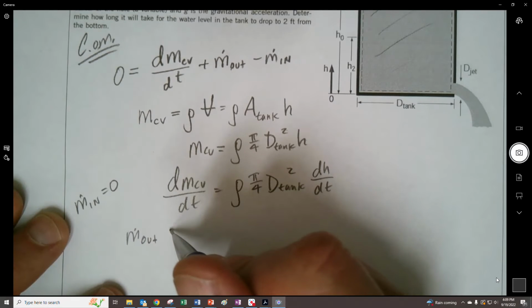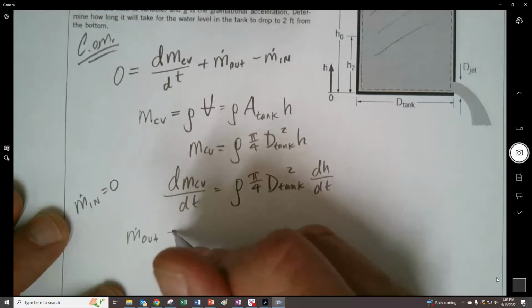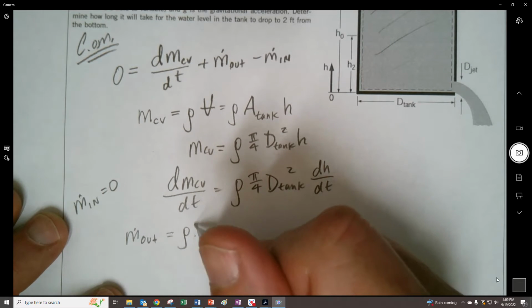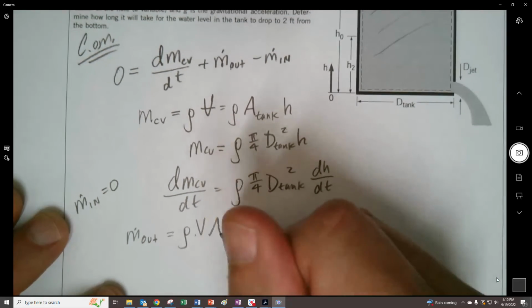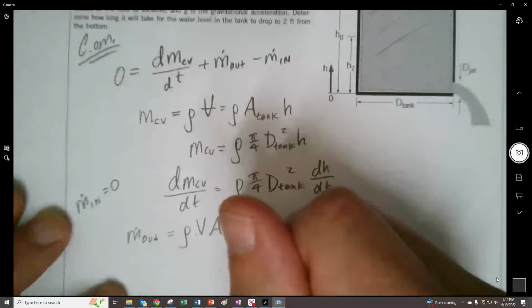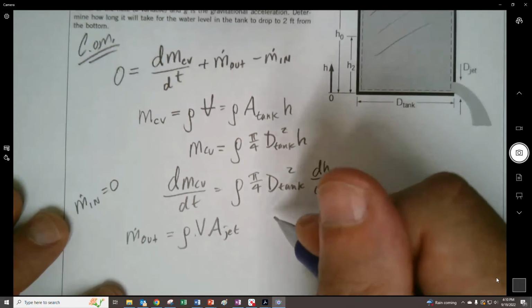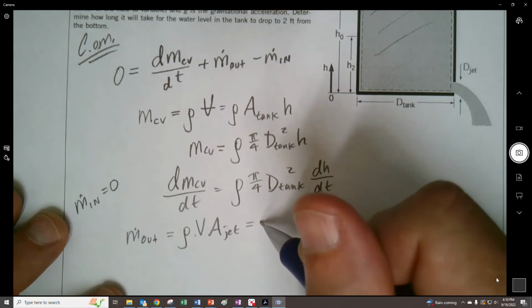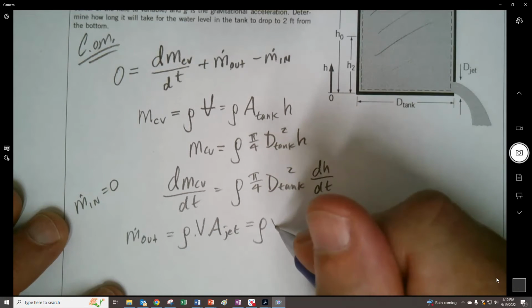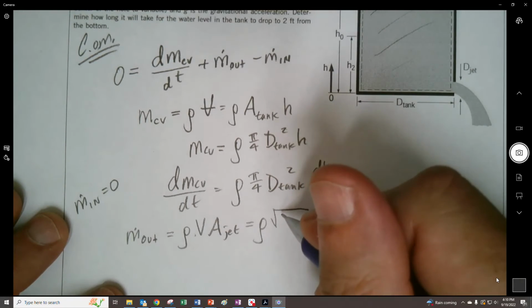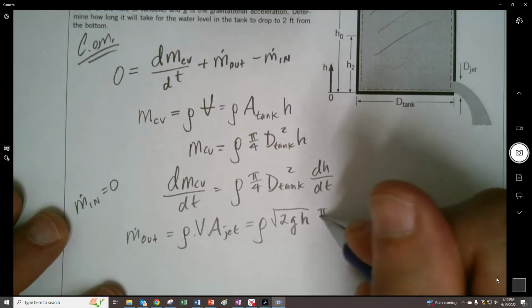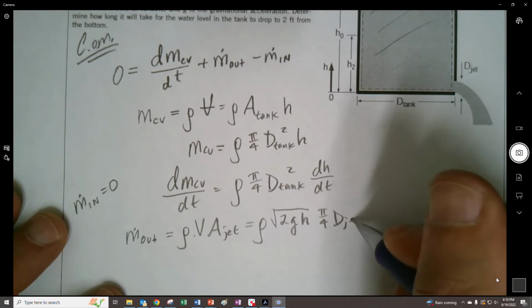So m dot out, we already know, is going to be density times velocity times the area of the jet, right? Which we know right here is going to be rho times the square root of 2gh times pi over 4 diameter of the jet squared.